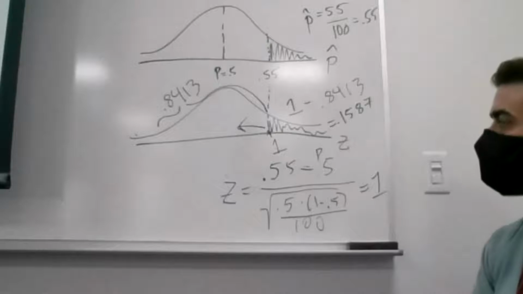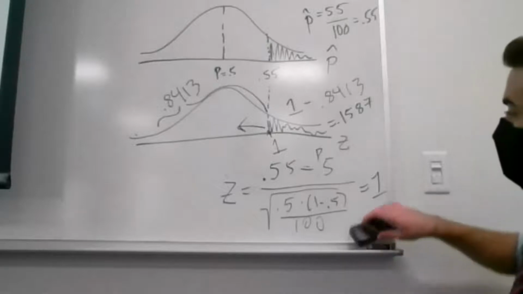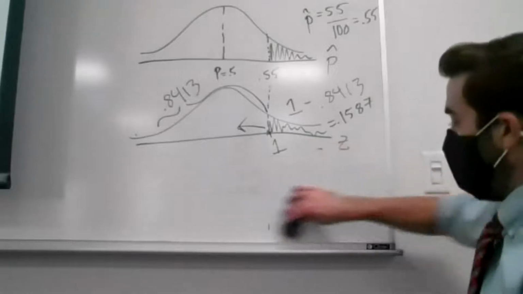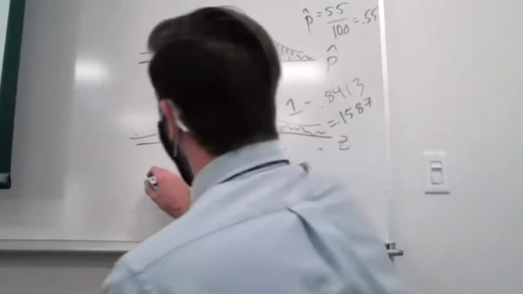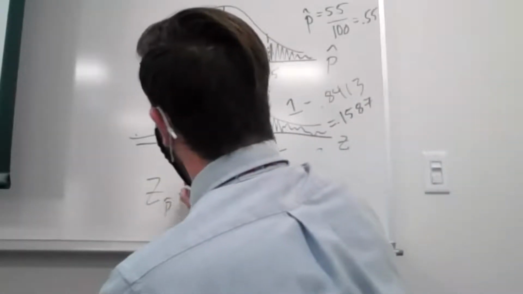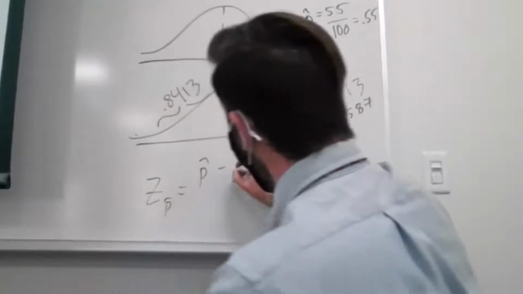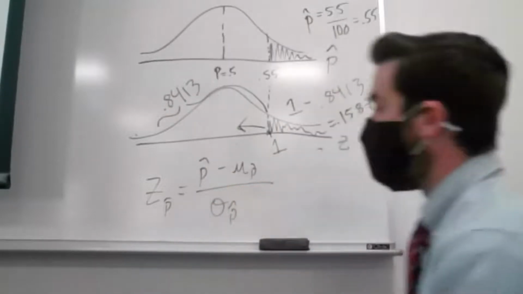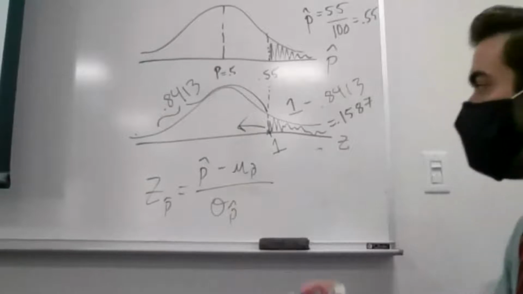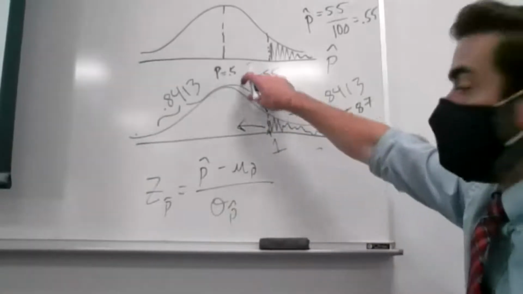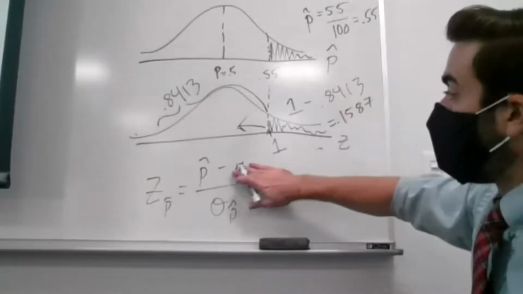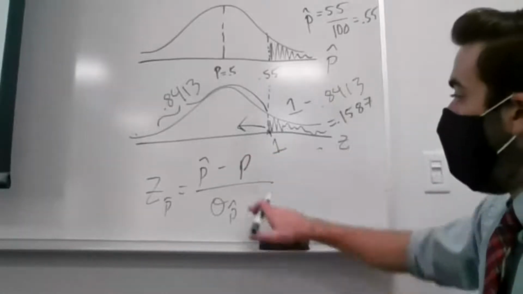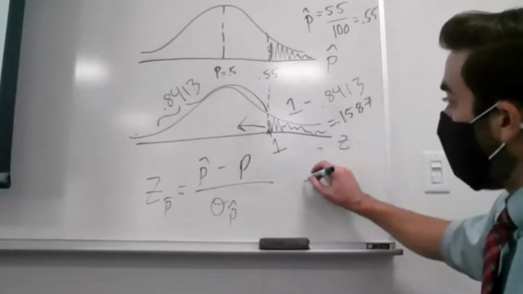Now another way I could have thought about this, and remember the z-score we found was 1, is using this format. I know the mean of my sample proportions is always just my population proportion. And then here, I could have first found the intermediate value.